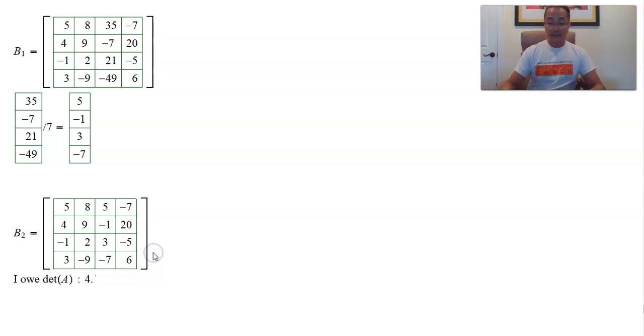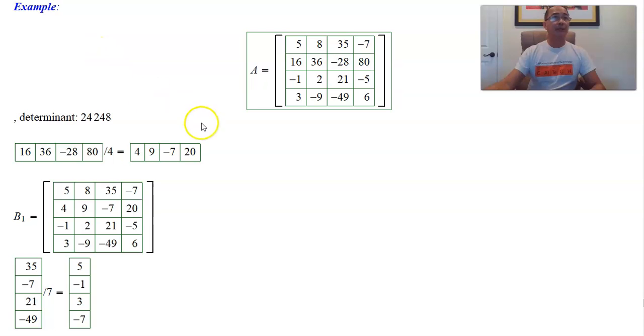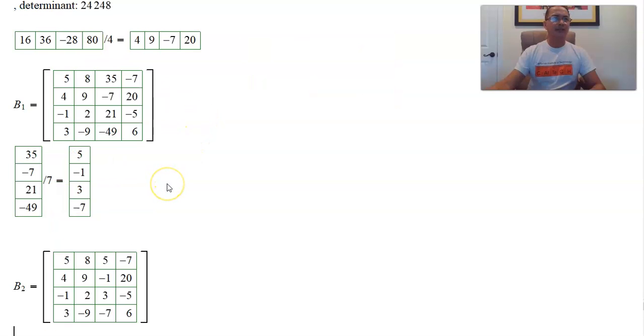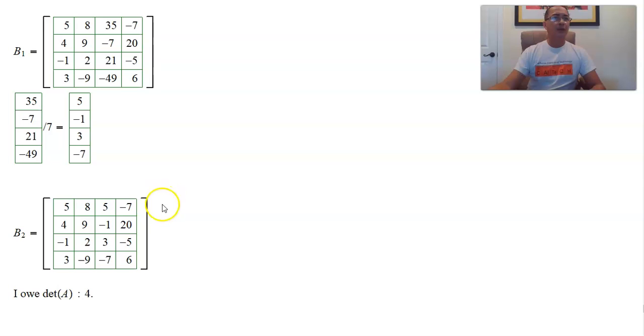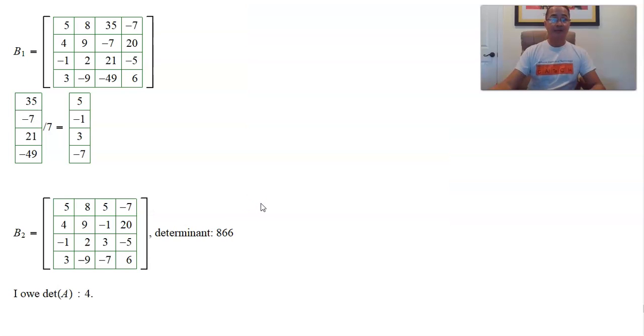That determinant, again, changes. We said that B1 has determinant, oh, I erased it, it was 6,000 something. So what about B2? Compute the matrix's determinant, even smaller. While I'm at it, I also have to pay for that 7 at the end. So now, what's the net change? I have to multiply by 28.